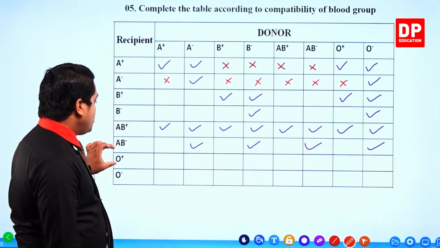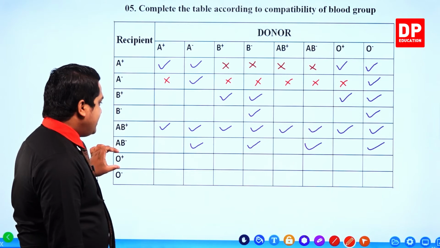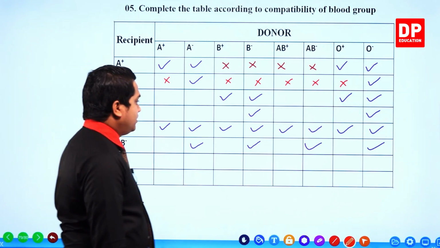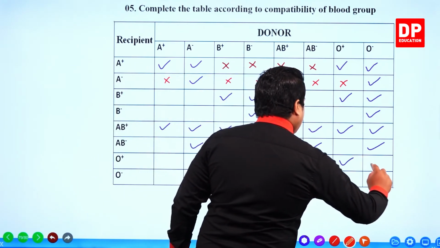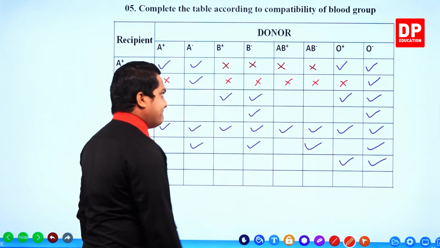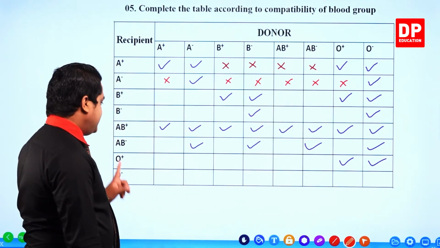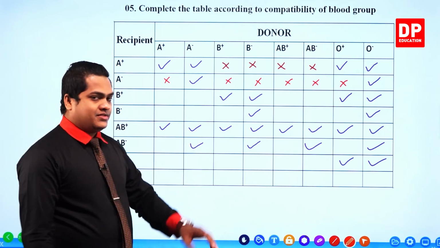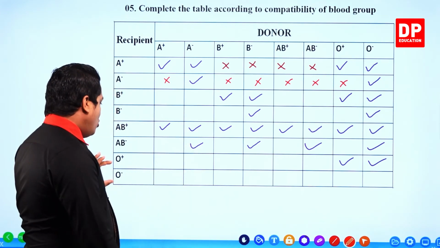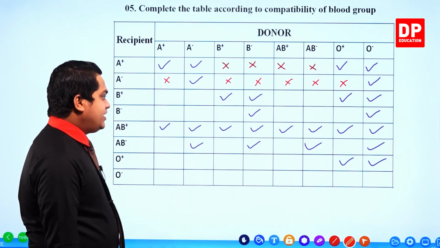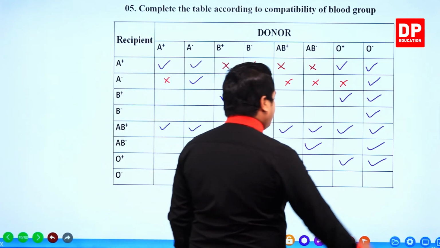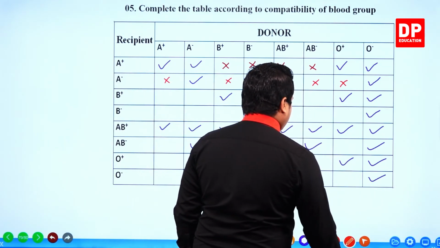Then the recipient is O plus. O plus can receive blood from O plus and O minus. That's it. O minus can receive blood only from O minus.